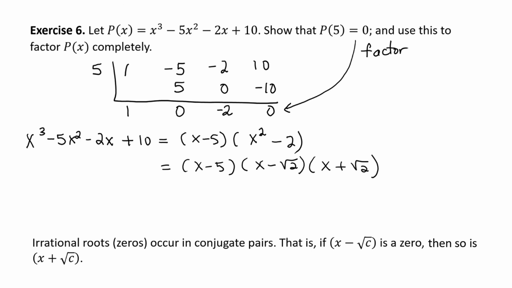Now that polynomial is factored completely. Let's note, irrational roots or zeros occur in conjugate pairs. That is, if x minus the square root of c is a zero, then so is x plus the square root of c.